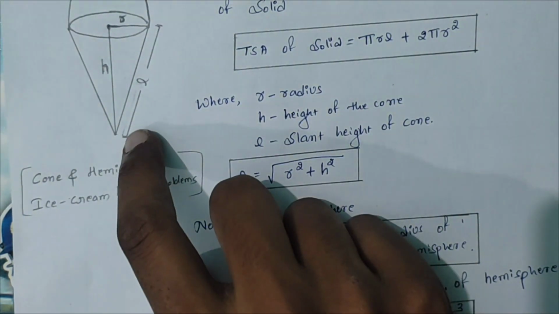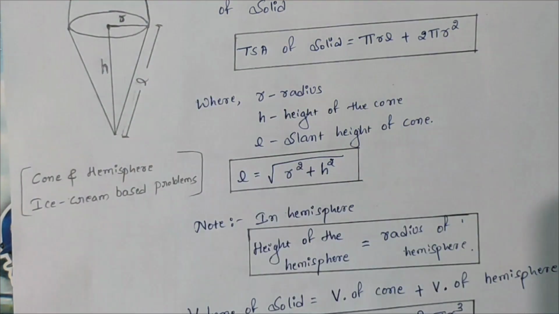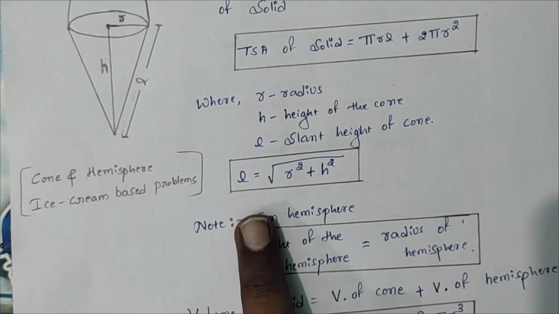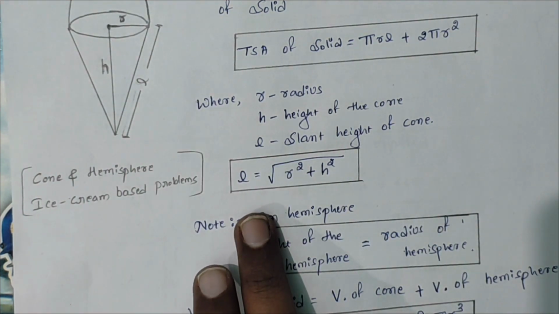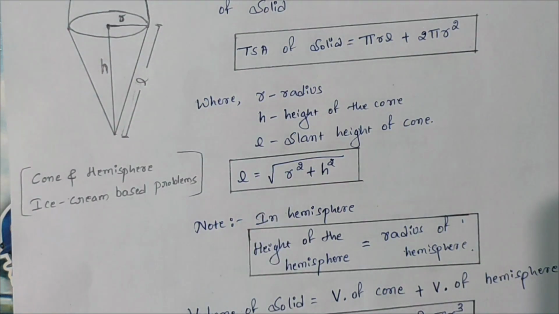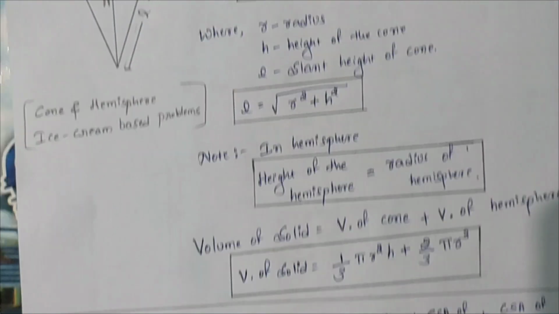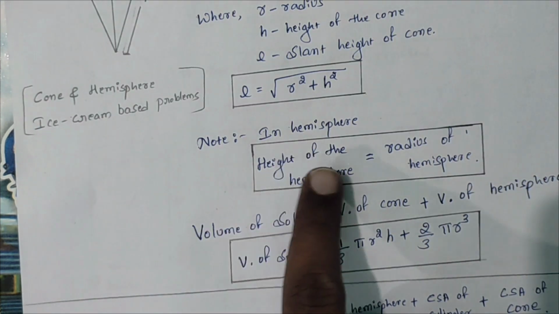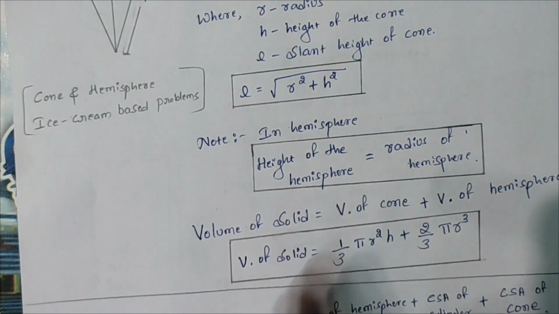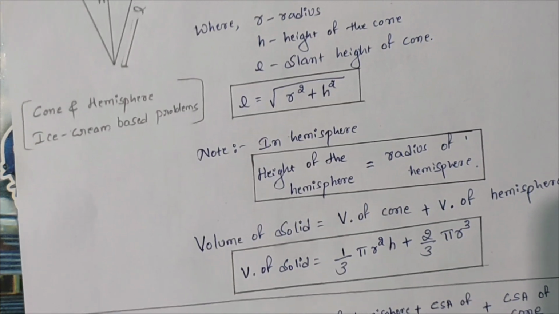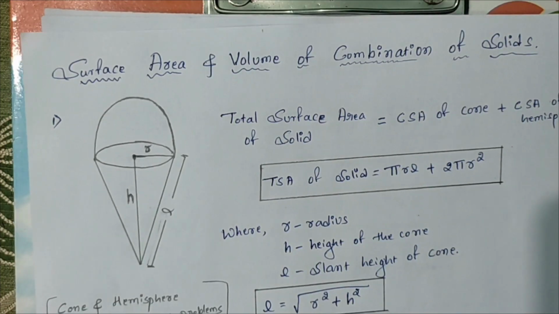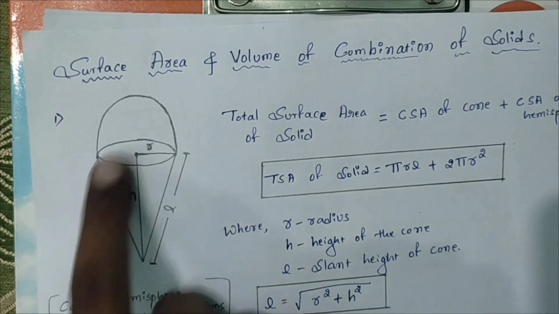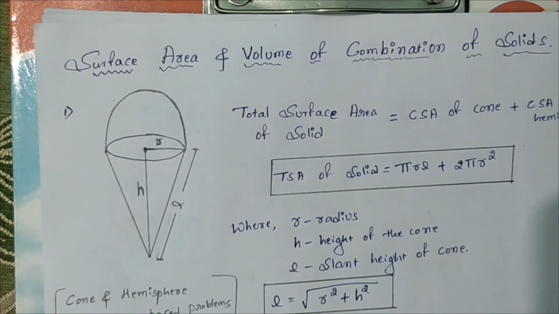If I want to find the slant height, denoted by l, we have the formula l equals square root of r square plus h square. And one more thing we have to know: in a hemisphere, the height of the hemisphere is equal to the radius of the hemisphere.